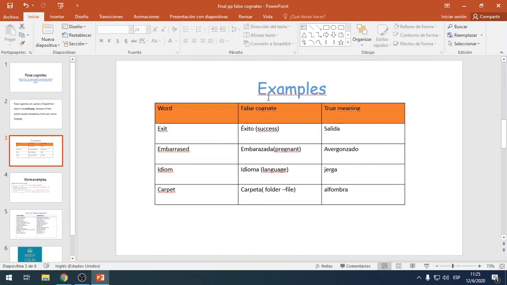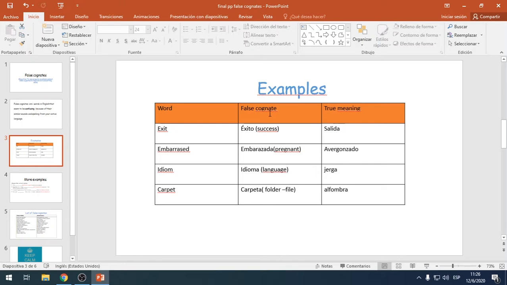For example, I'm going to give you some examples. Look at these examples. Here you have the word, then you have the false cognate and the true meaning. When I say false cognate, it means that the meaning of that word is wrong, is not correct. I'm including some basic examples so that you can understand what false cognates are.